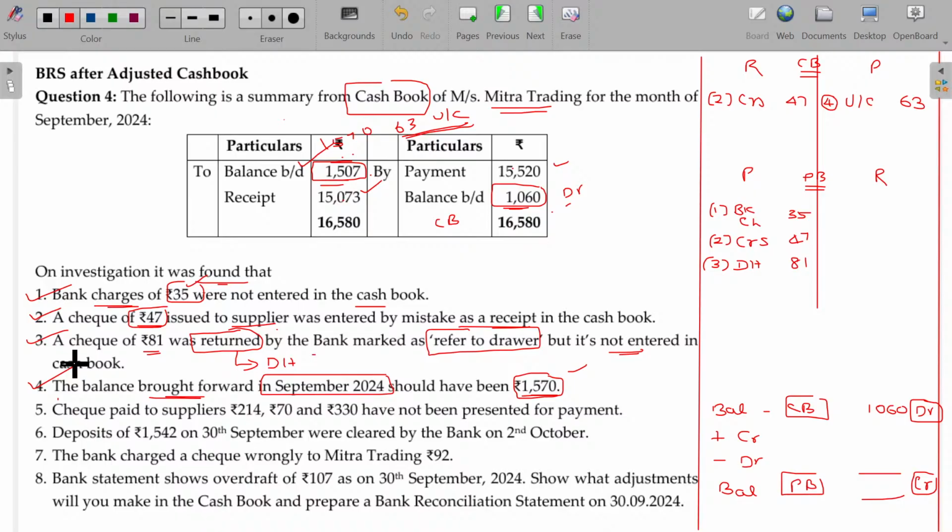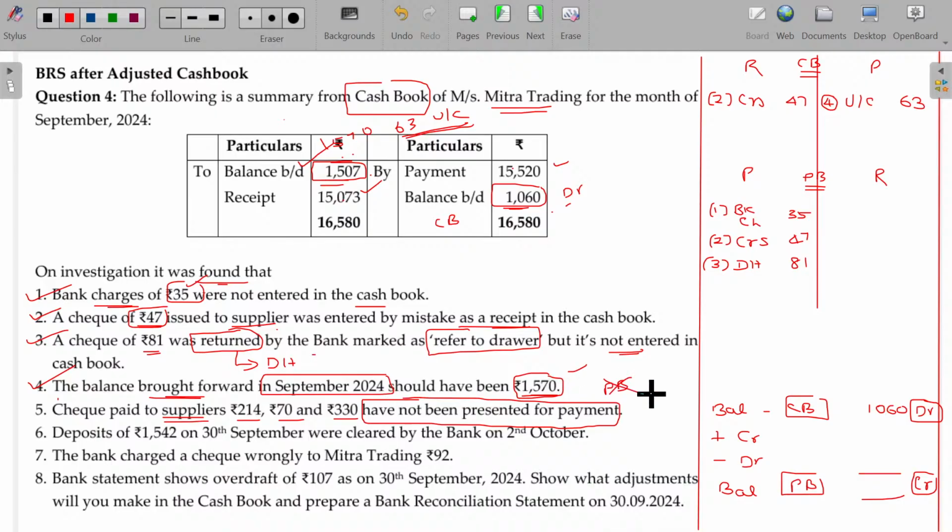Now, cheques paid to suppliers, 214, 70, 330, have not been presented for payment. Come on, tell me. How to record this? Have not been presented for payment. What does it mean? Not recorded in the bank account.